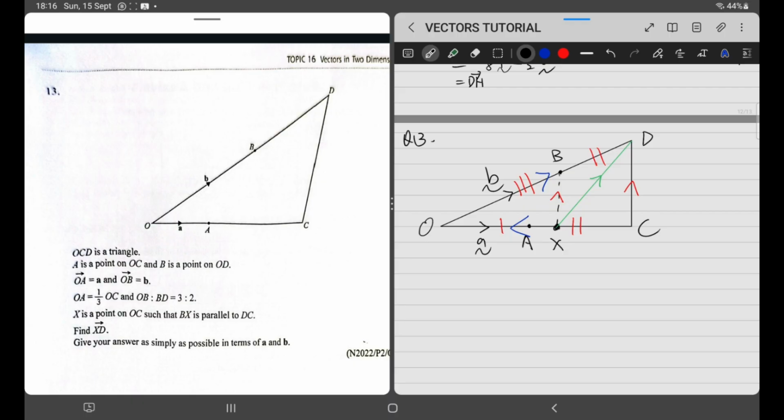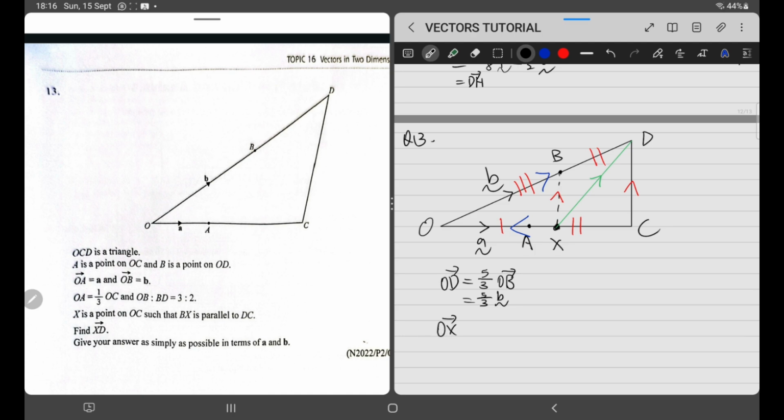Okay, let me see. OA is 1/3 of OC. So first thing, OD is just 5 units in total out of 3 of OB, which means it's 5 over 3 of B. Right, that is OD.